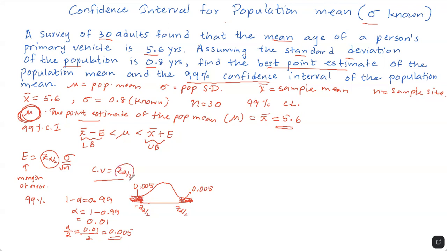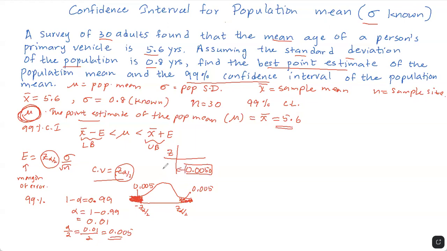Since we need the positive one, you can first find the negative one and then take the positive value, right? It is easy to find the negative z score. So you just have to look at the z-score table. Look at this area, locate the area inside the table, right? And then look at the z-score.